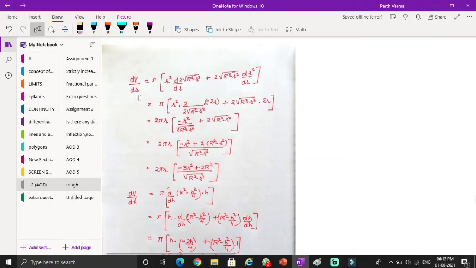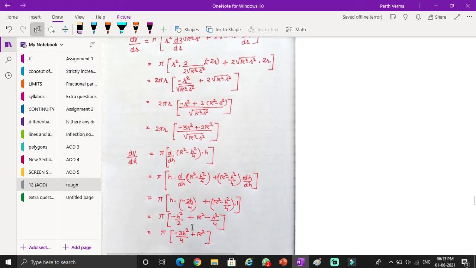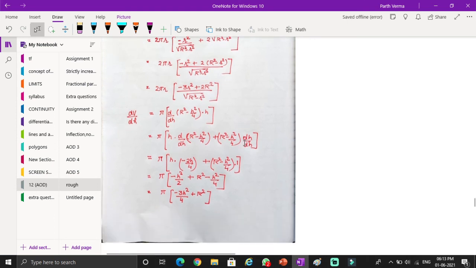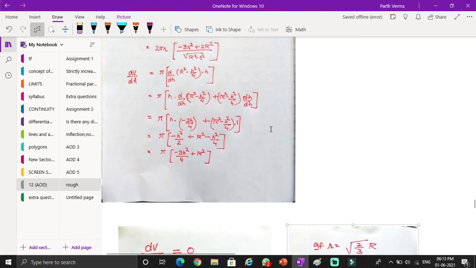Here I have differentiated both the functions. Here I'm differentiating the volume function in r with respect to r, and here the volume function in h with respect to h, and I've got the derivatives as this. Okay, now for looking for maxima, the maximum point will be where the derivatives are 0. So let's find out those also.